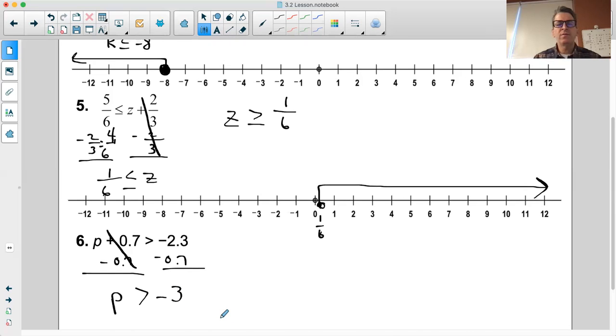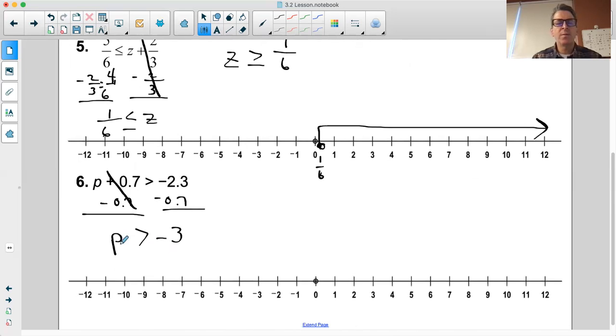So on the last one here, we're going to graph everything p greater than -3. So let's go to -3 here, and we're going to put a circle around it because we're not including the -3, but we're going to go everything greater than that for our solution.